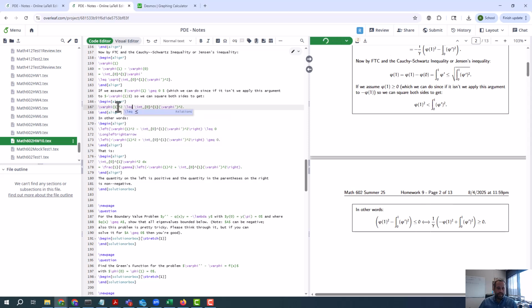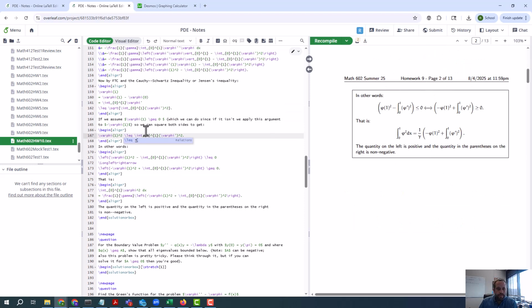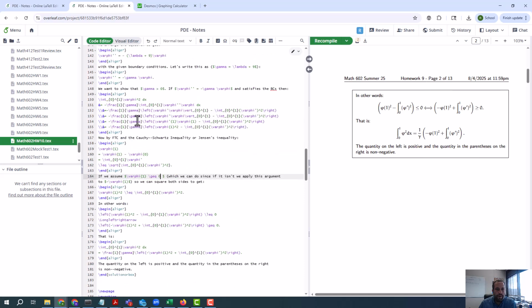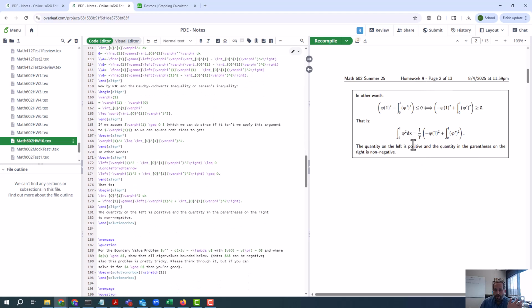So let me be a little careful with how we're working through the logic here. We want to show that gamma is greater than 0. First, assume that gamma does not equal 0. We're going to see what happens if gamma is equal to 0 in a minute.